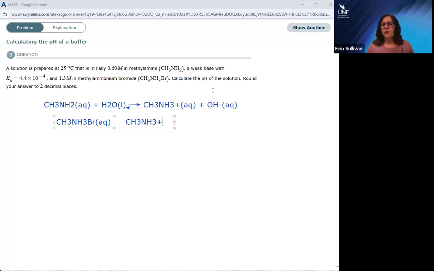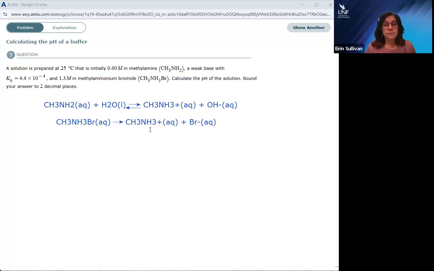I know you may not be in so much practice of spotting these for acidic salts. This would be an acidic salt because the cation component is the conjugate acid of a weak base, in this case methylamine, right? And then the Br minus is a neutral anion because it is the conjugate base of a strong acid, hydrobromic acid.